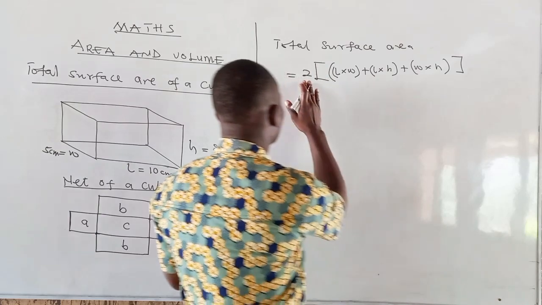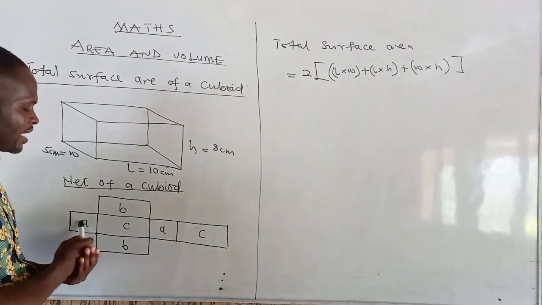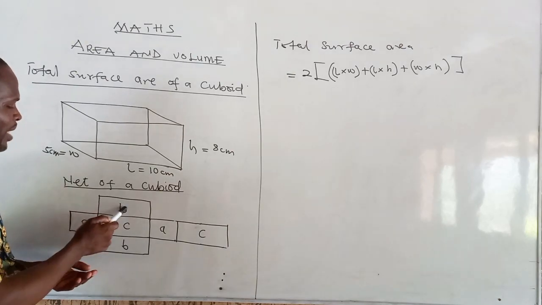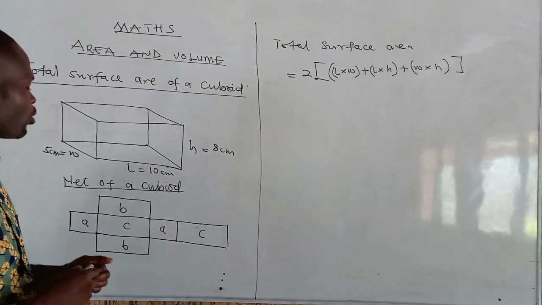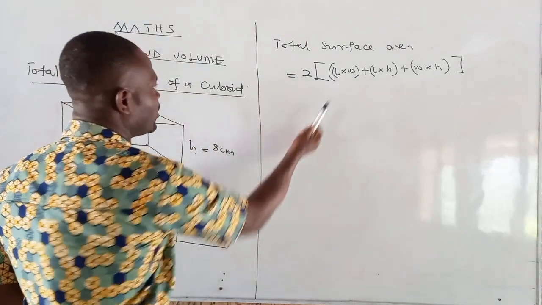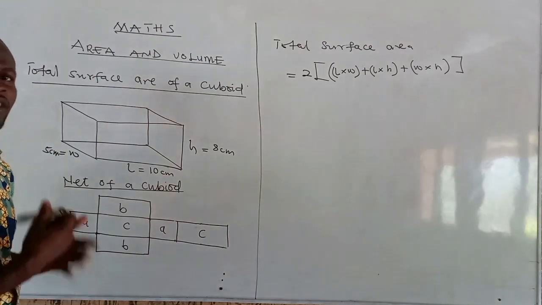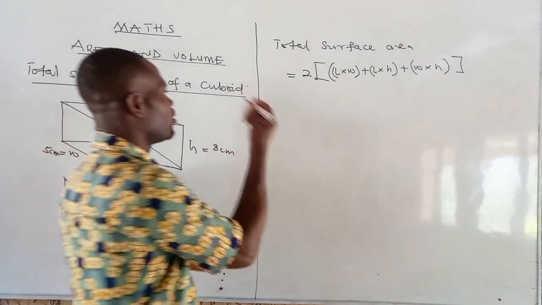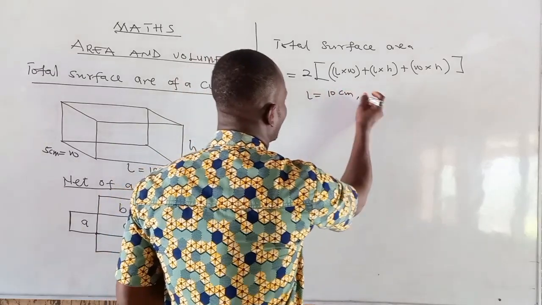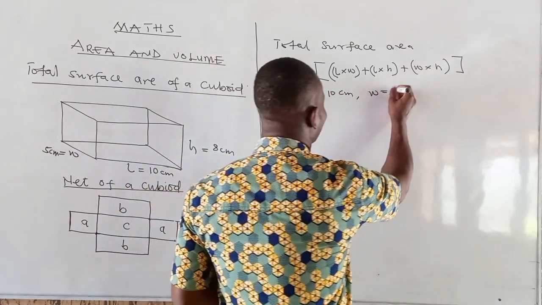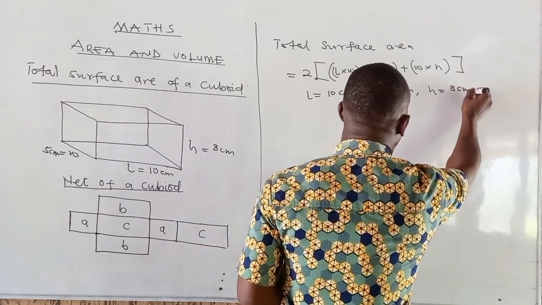The reason why we have the 2 here is that we have this and this, they are the same. The B and B are also the same, and the C and C are also the same. So when you find the area of one, you multiply it twice, because 2 opposite sides are equal. So in the question, we have our length to be 10 centimeters, our width, which is 5 centimeters, and the height, which is 8 centimeters.